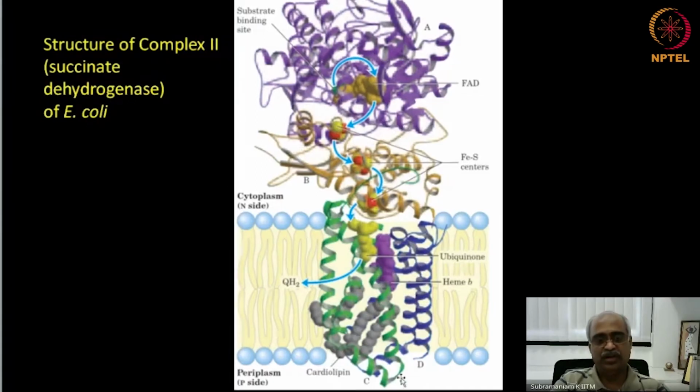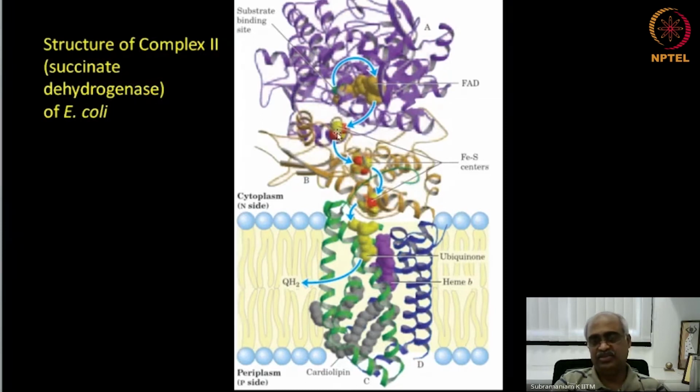So 4 different polypeptide chains. You have A, B and then C and D. This is what forms this complex. In this complex you have here the substrate binding site. What is the substrate? Substrate is succinate.